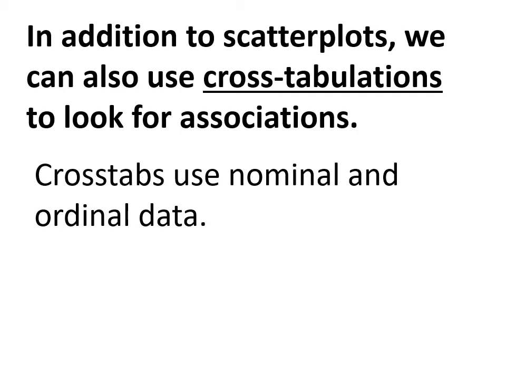So typically, crosstabs use nominal and ordinal data, though it could be that one of your variables is interval or ratio level, and you have to reduce it to ordinal level. That's acceptable.